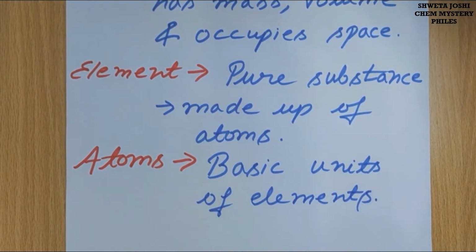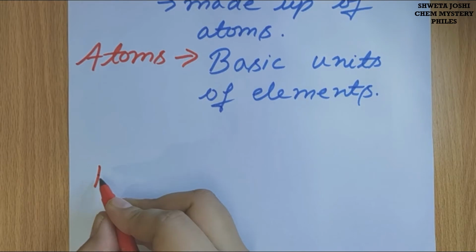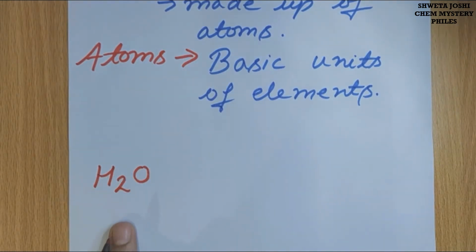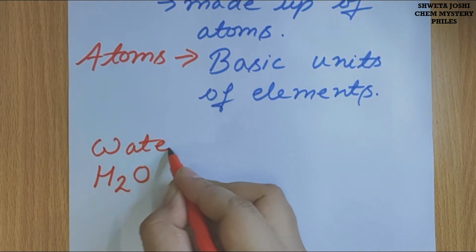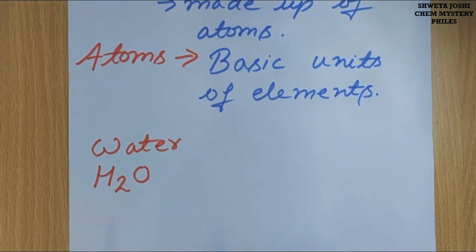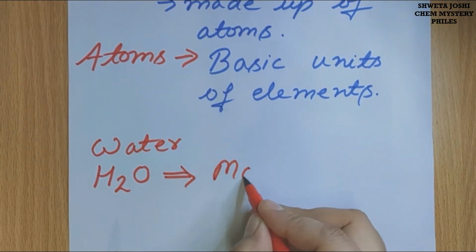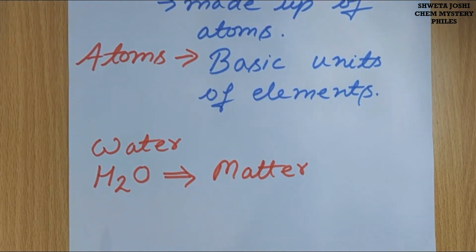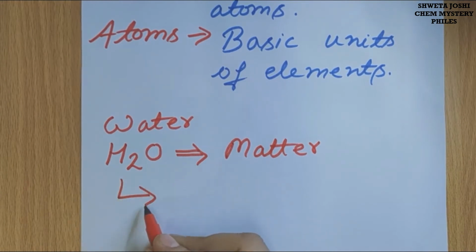Okay, now taking up example of water as matter. H2O is the formula of water. Now this water is a matter. This water matter is made up of two elements.